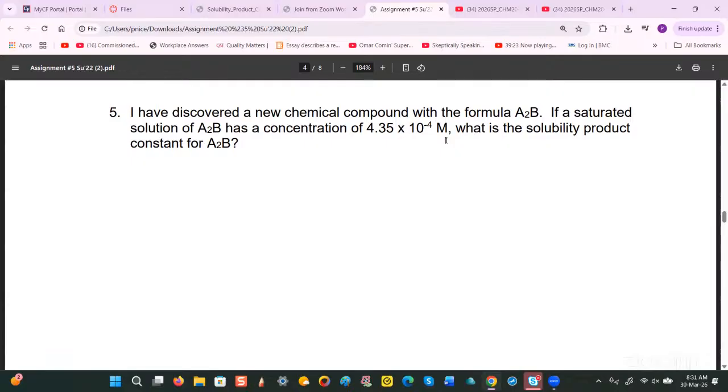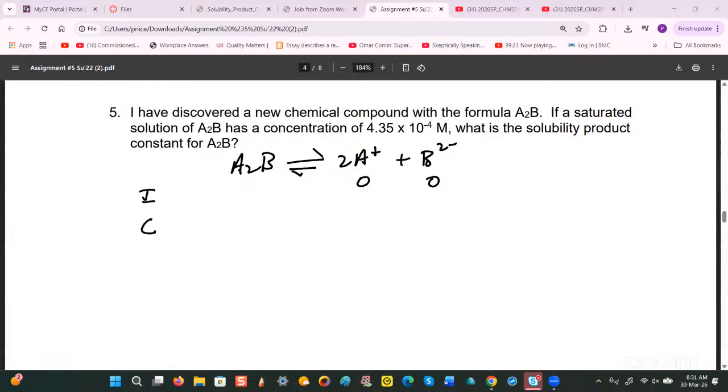Okay, so in this case, what I'm going to do is write down the dissociation for A2B. So assuming that A is the positive ion, I'm going to end up with 2A plus and B2 minus. Now, again, I'm going to set up an ice table. Initially, I would have none of this, none of this.